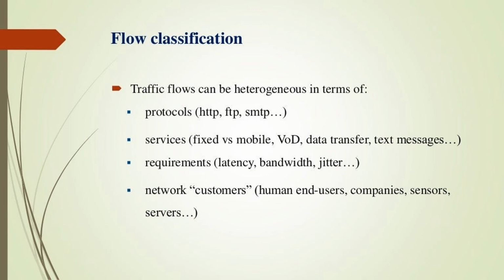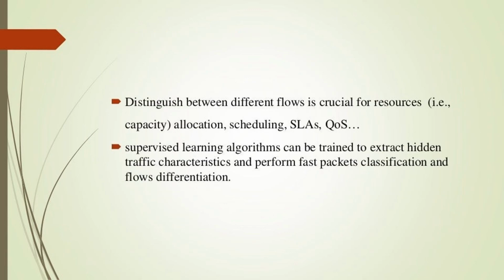Network customers: human end users, companies, sensors, servers, etc. Distinction between different flows is crucial for resources, that is, capacity allocation, scheduling, SLAs, QoS. Supervised learning algorithms can be trained to extract hidden traffic characteristics and perform fast packet classification and flow differentiation.